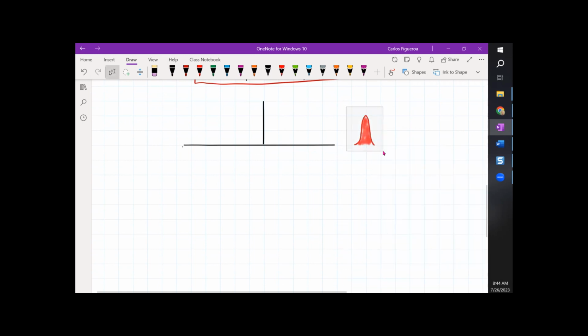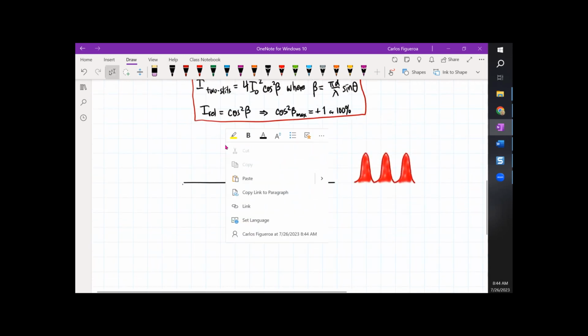If I copy this, then I'm going to have this guy. So now I'm going to copy these to be quicker, and then I'm going to just start pasting them in right here.